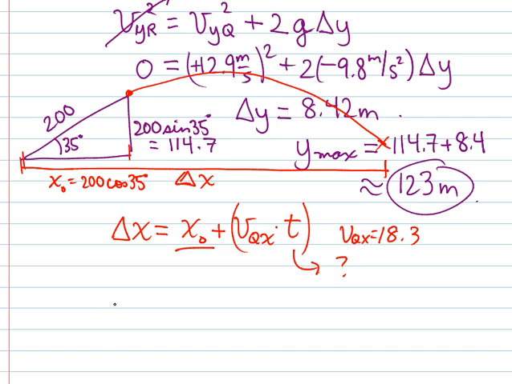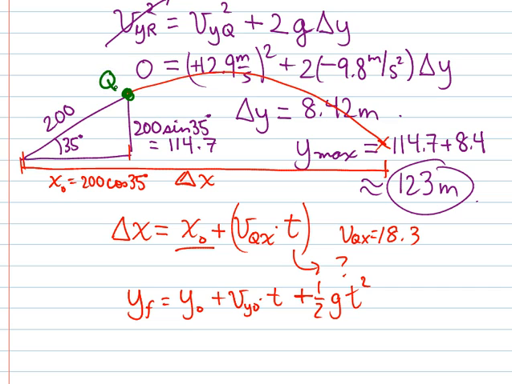So we go to our y equation: y final equals y initial plus vy initial times t plus 1/2 g t squared. We're going to choose as our 2 points to apply this equation to point Q at the top of the ramp and then point S when it hits the ground. So that means that yS is equal to yQ plus vyQ times t plus 1/2 g t squared.